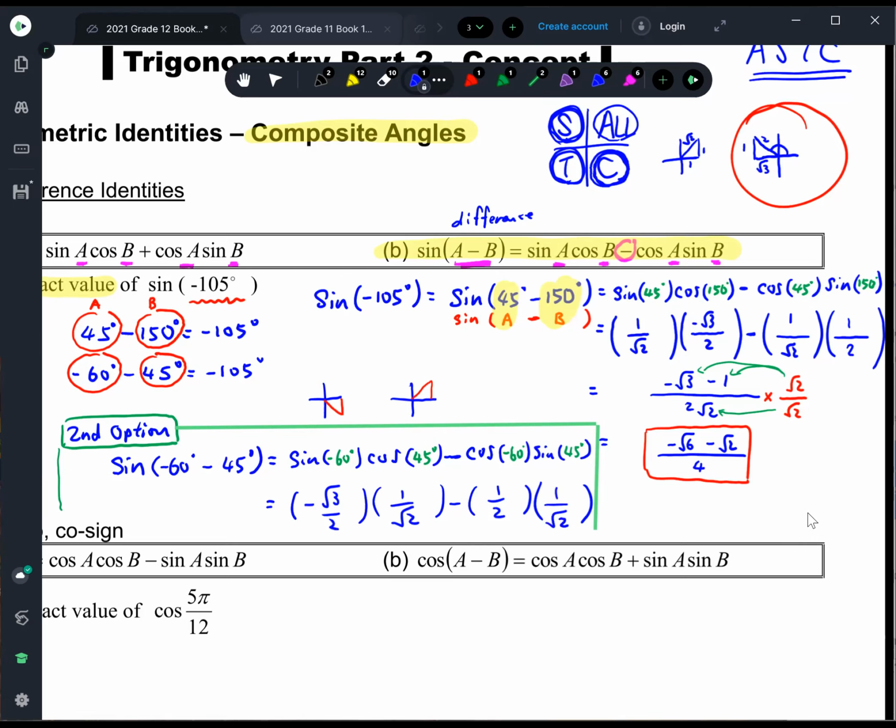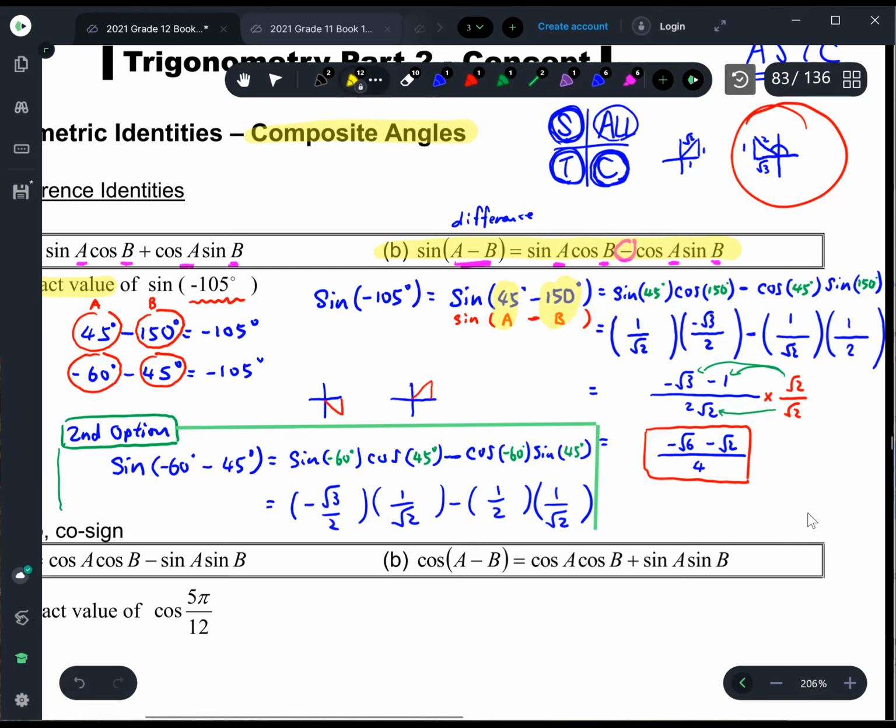So if you compare these 4 brackets with the 4 brackets we had before, it's the same thing, right? So you'll end up with the same, just in a different order. Even if you choose a different option, if you did your exact values correctly, you will still end up with the same answer.